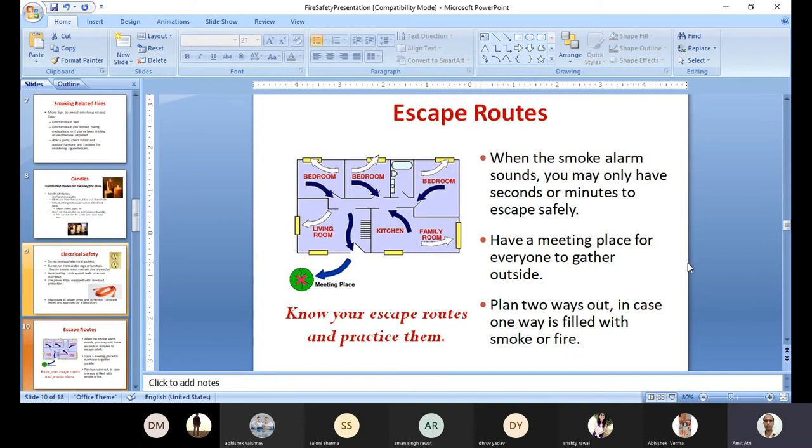Another thing, plan two ways, two escape routes, because it could be that the fire broke out and smoke has filled one of the paths. Then there should be another route as well. The architect has to keep this in mind while making the layout, the plan of a building.